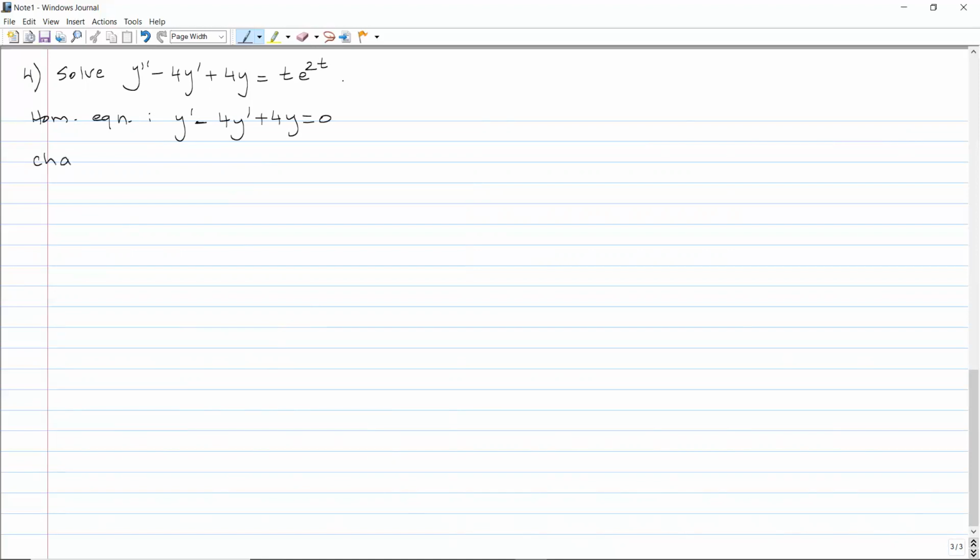And then we write the characteristic equation: lambda squared minus 4 lambda plus 4 equal to 0. This expression we can factor as lambda minus 2 squared equal to 0. So lambda equals 2 is a double root.